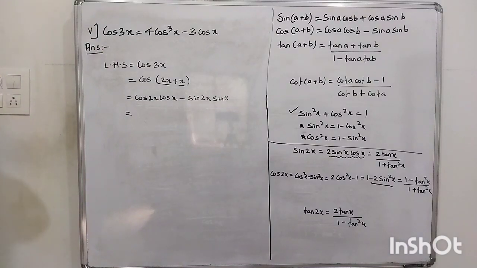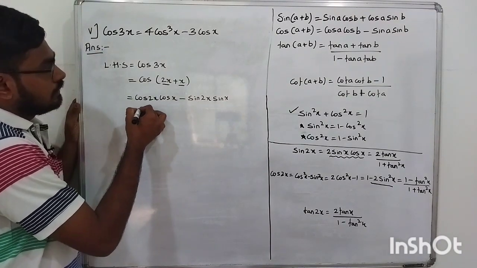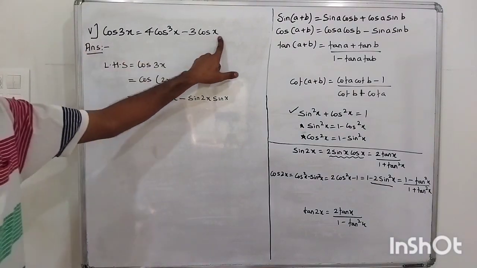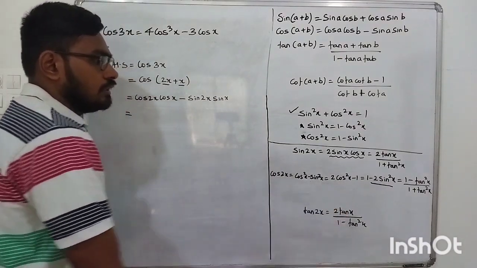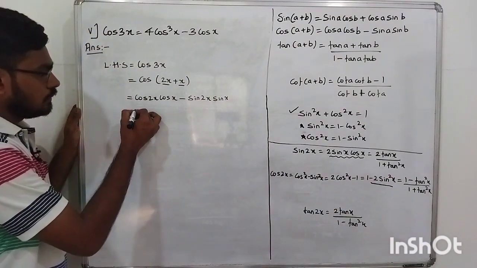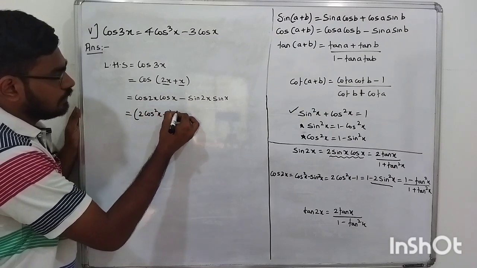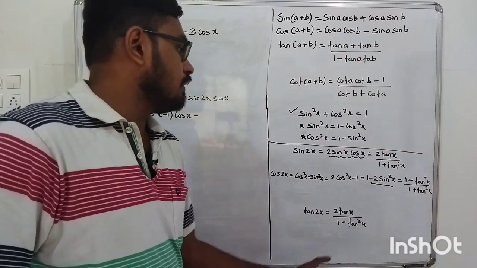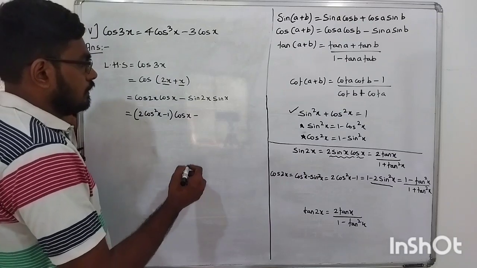Now in place of cos 2x we can write again. Now here we have cos, everywhere we have cos, that's why I am using this cos square x. Okay, so 2 cos square x minus 1 into cos x minus, here we have sin, everywhere we have sin, that's why I am using this. Okay. See, understood?